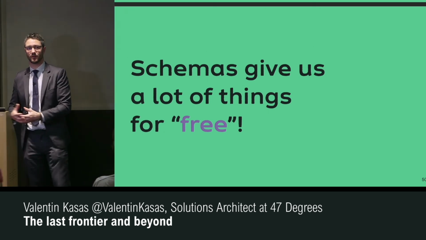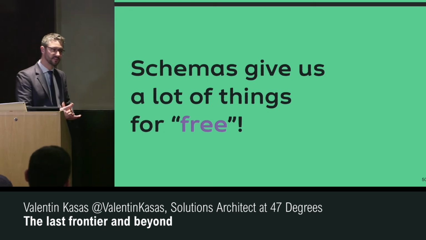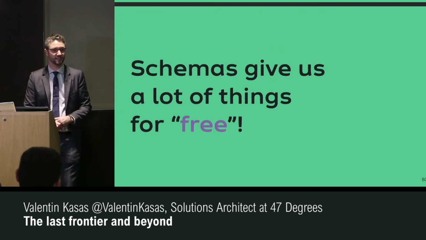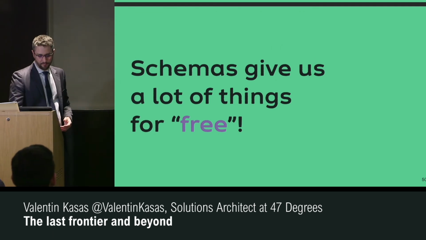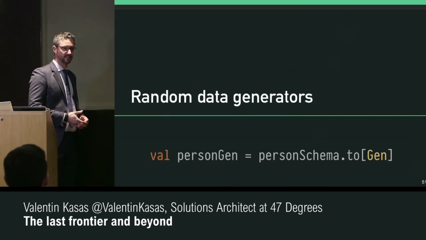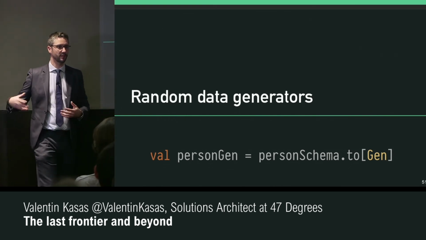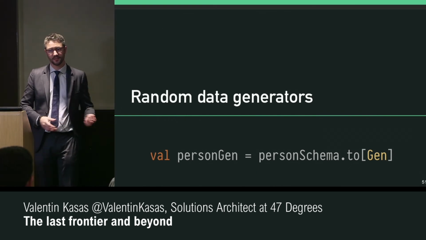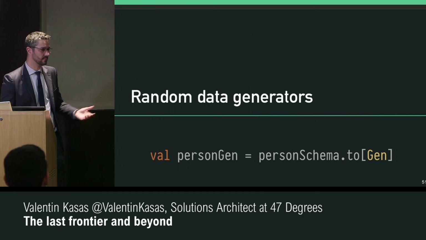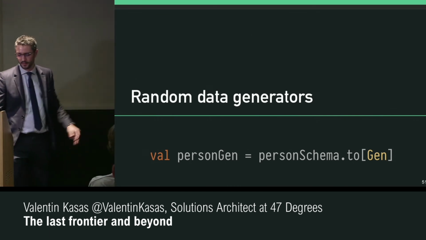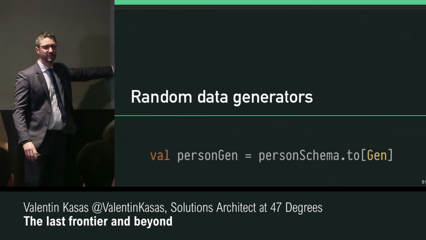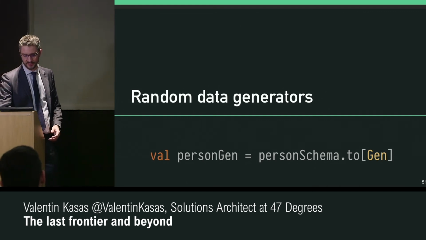But that's not all there is, because the schema gives us many, many things for free. Practically any type class, or even law-less type classes. So we get random generators, and this is the actual syntax. Well, you need a few imports, but that's the actual syntax.